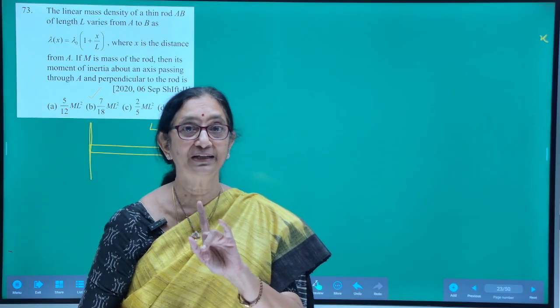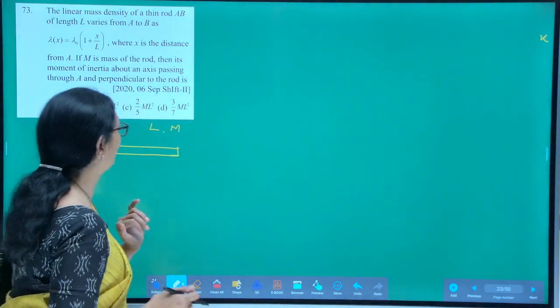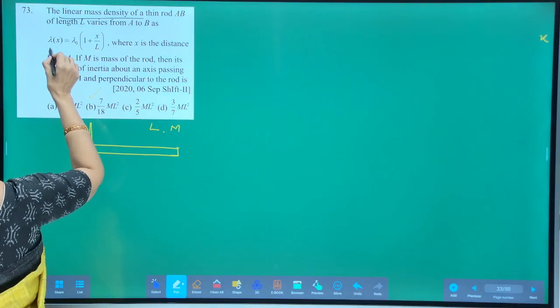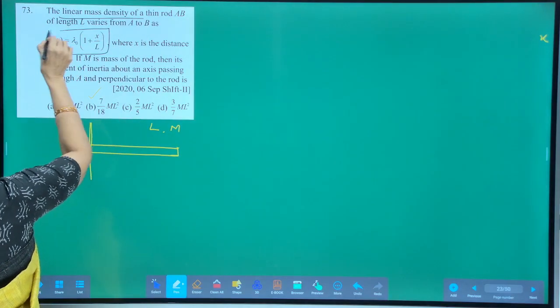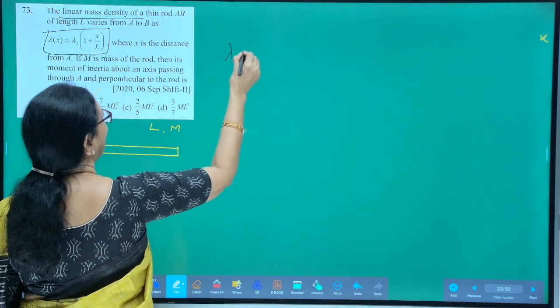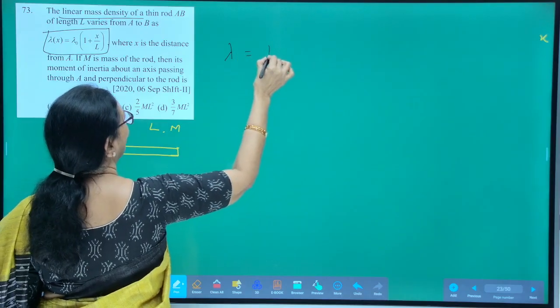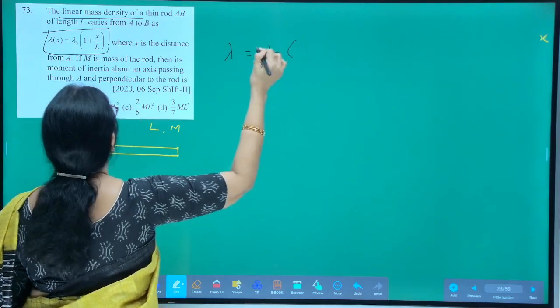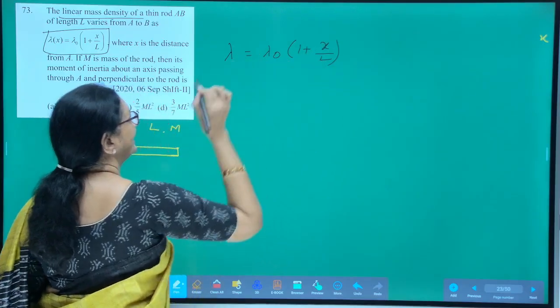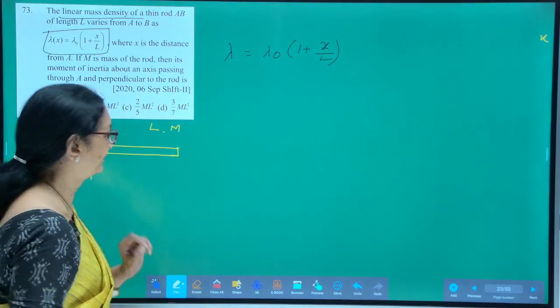But it is not a uniform rod, that is the most important thing. It is mentioned that the linear mass density varies with length like this: linear mass density is given as lambda naught into 1 plus x by L, that is mass per unit length of the rod.